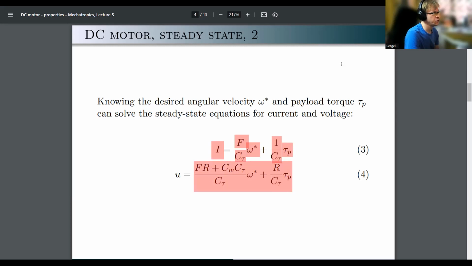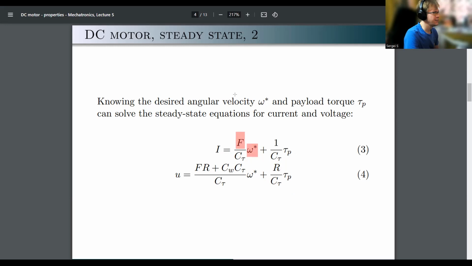Before we go to voltage, let me look at this expression for current and see if it is understandable. F times omega, these two together clearly represent viscous friction, and it is a torque.